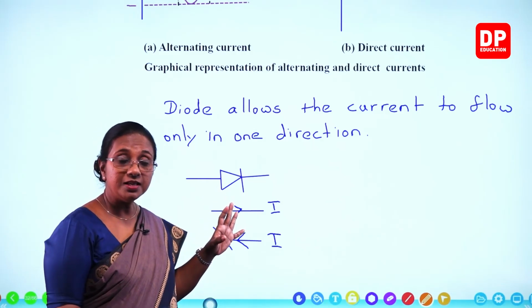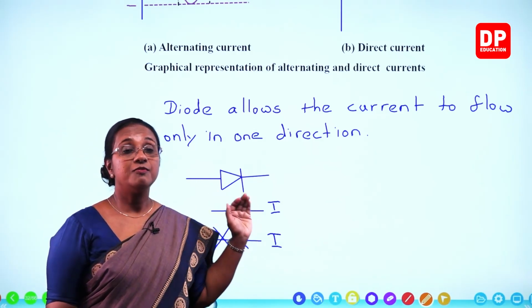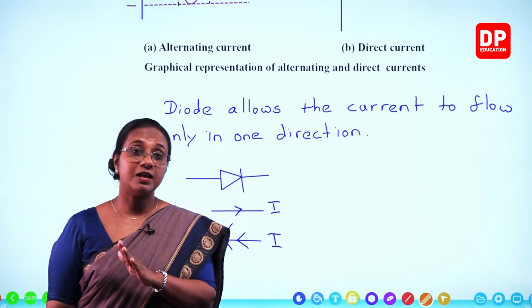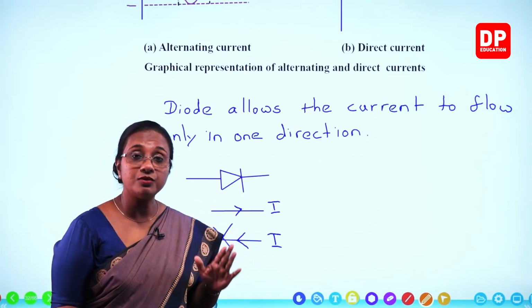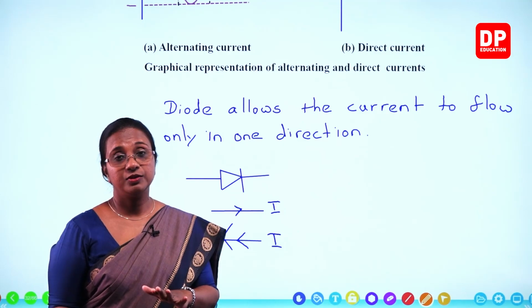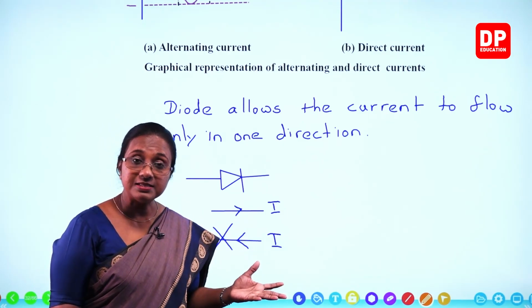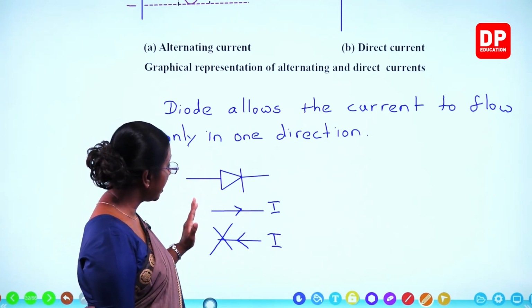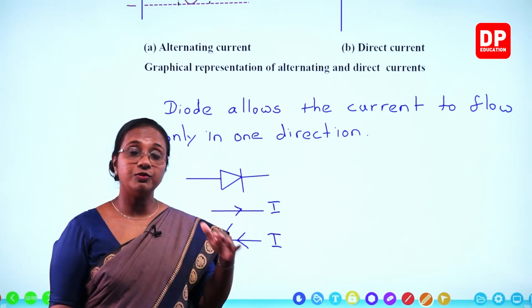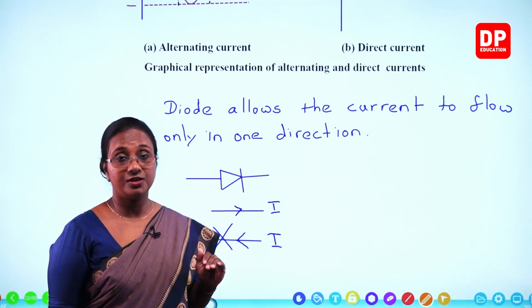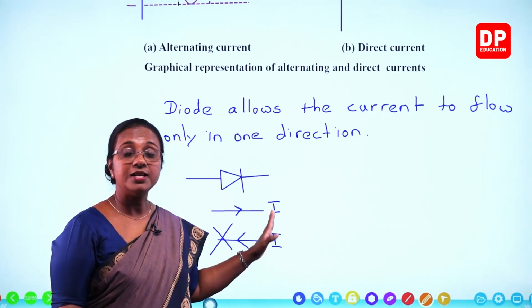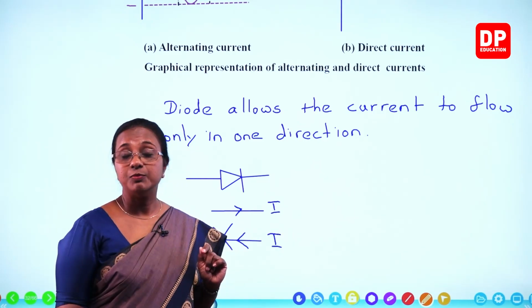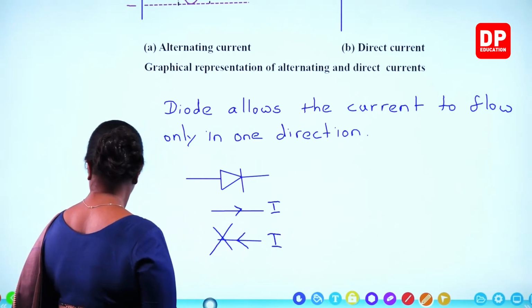So there will be time frames when the current flows through the diode, and there will be time frames where the current does not flow through the diode. So that is the basic concept of rectification. We use a diode and make the current to flow only in one direction. Now we will try to understand how we can do that. So with that, I will move on to the next slide.